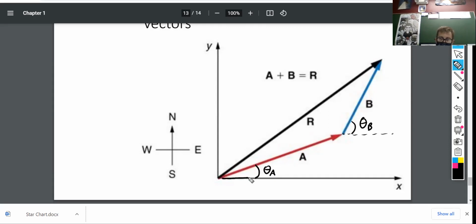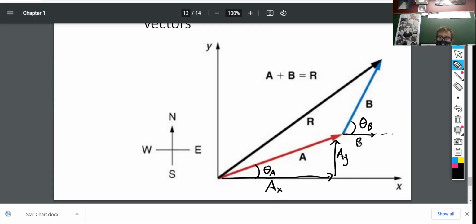The way to add these vectors is to first resolve each vector into x and y components. In other words, we take a hypotenuse and break it down into an x component, a horizontal component, and a y component, a vertical component. We do the same thing to this vector.